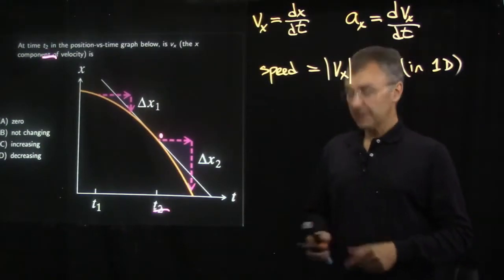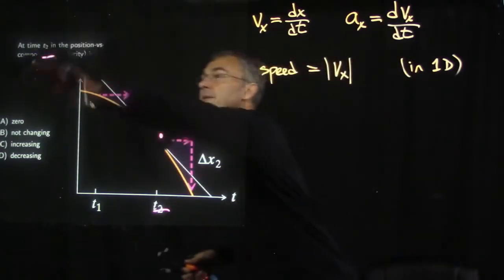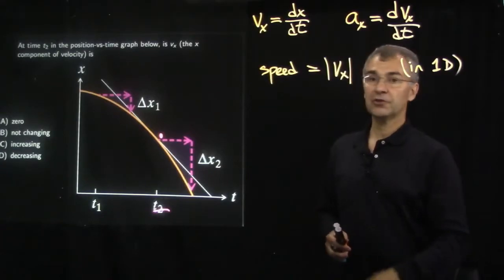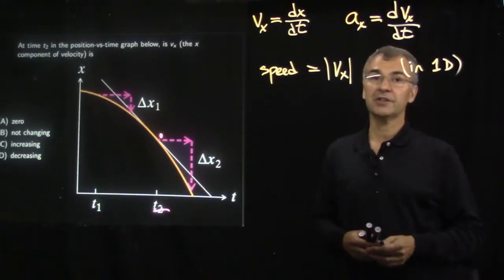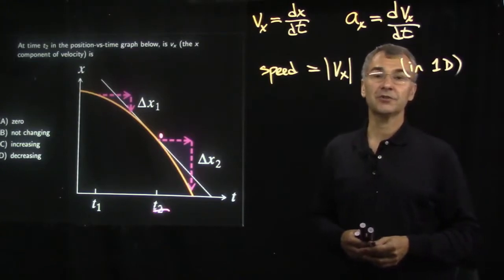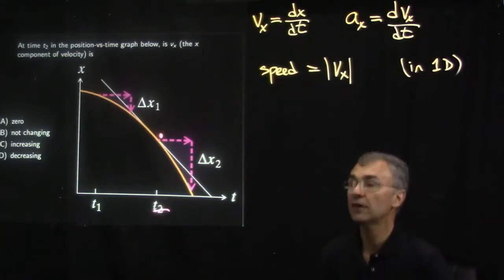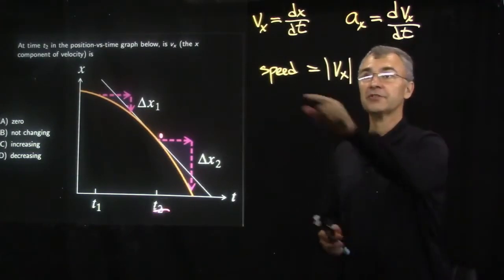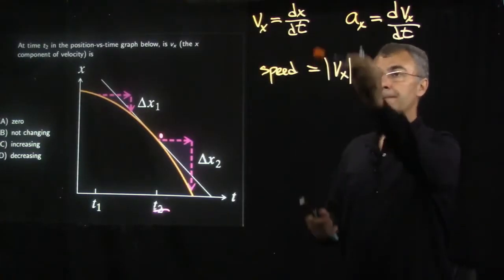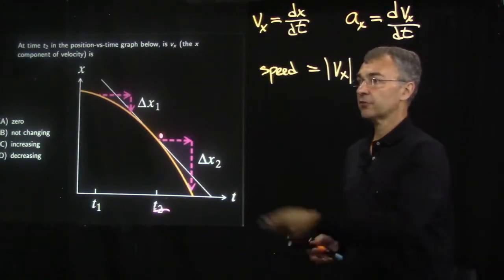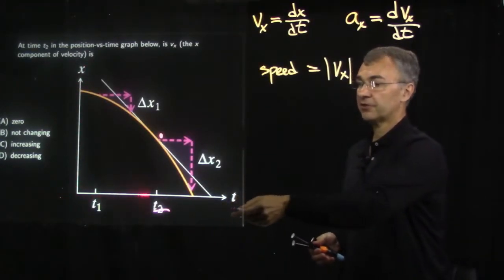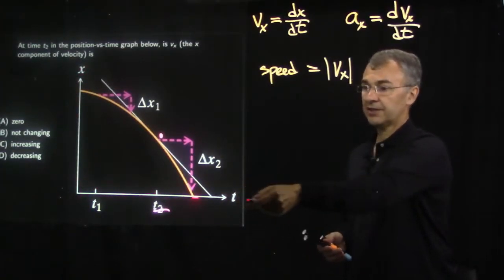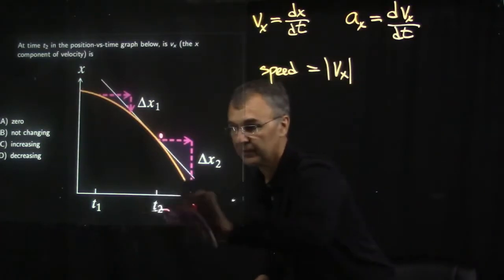Okay, at the same time, t2, is the x component of velocity 0? Is it not changing? Is it increasing? Is it decreasing? Well, the x component of velocity is just the slope of this x versus t curve. So we have x plotted as a function of time t, position x on the vertical axis, time t on the horizontal axis.